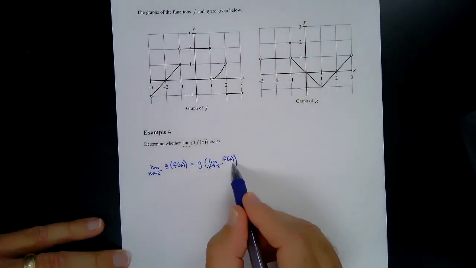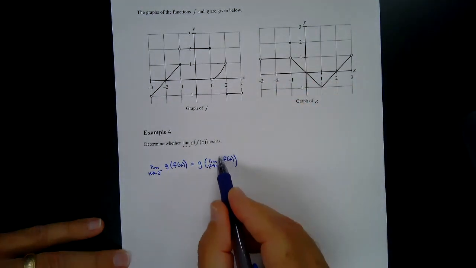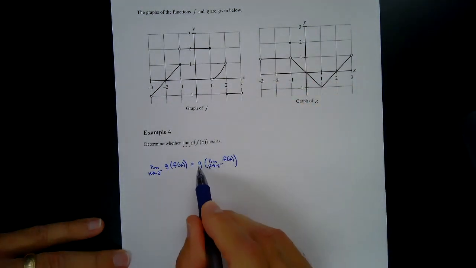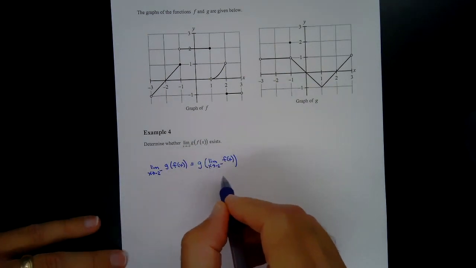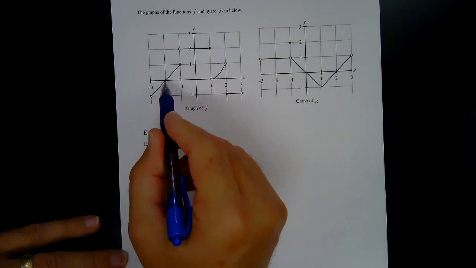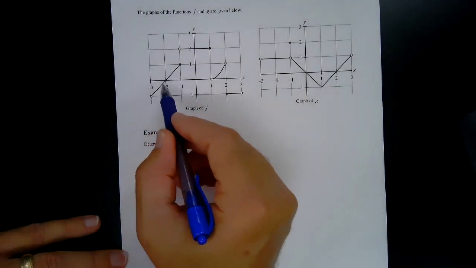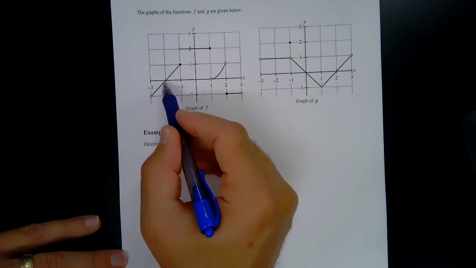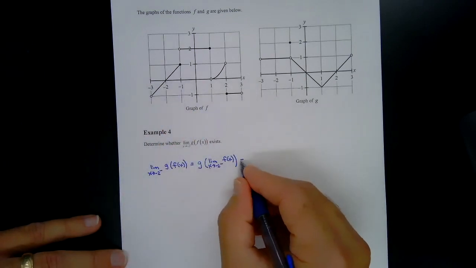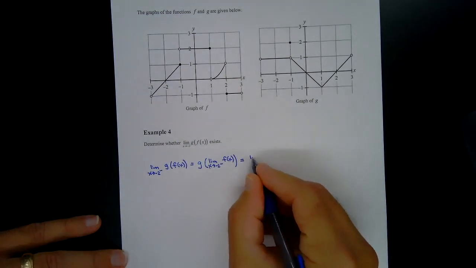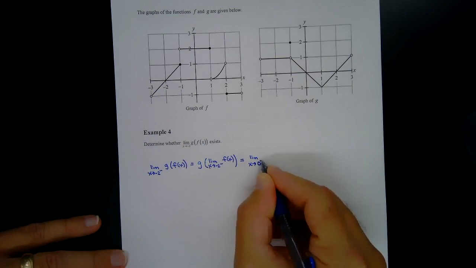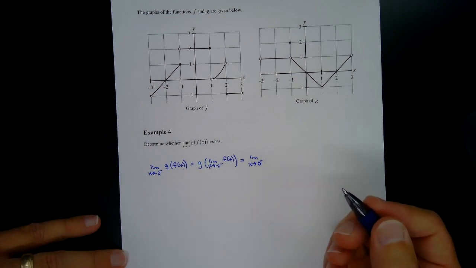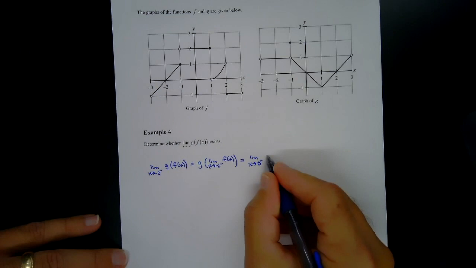So this limit is 0, but this becomes the input for g, which becomes another limit. It's getting closer and closer to 0 from negative values. So right before it's 0, it's negative. That means we need to rewrite this as the limit as x approaches 0 from smaller values of 0, so negative values, of g of x.